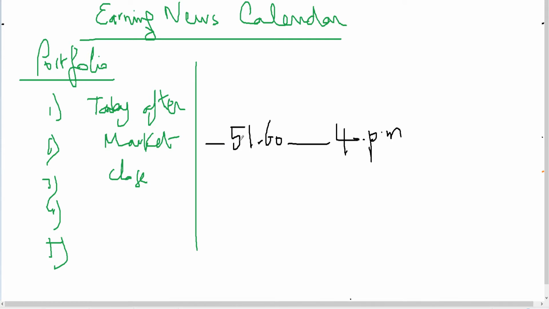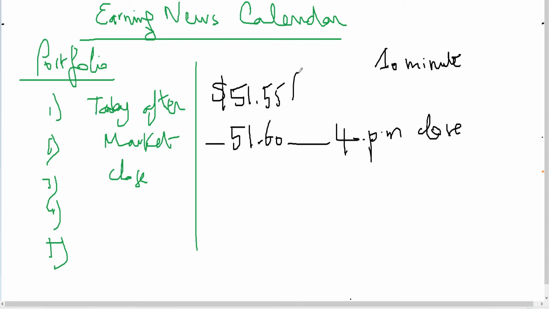We know it closes at 51.60, but before the market closes, let's say 10 minutes or 5 minutes before, just the time you can buy the stock, let's say it is 51.55. This is where you bought the stock. You buy.